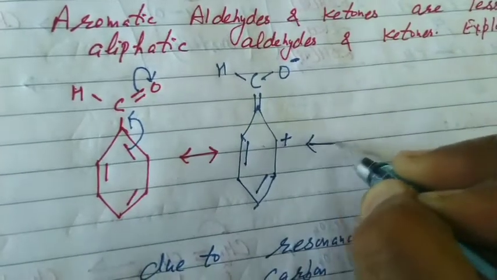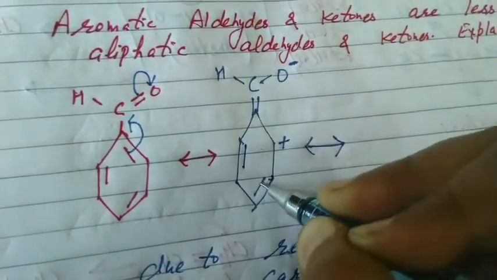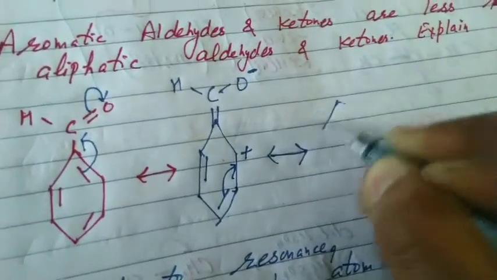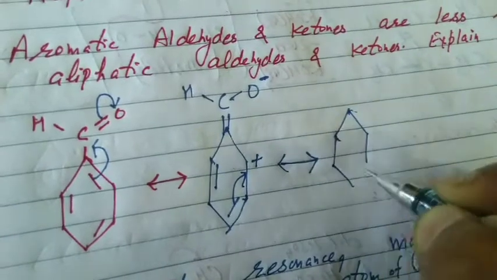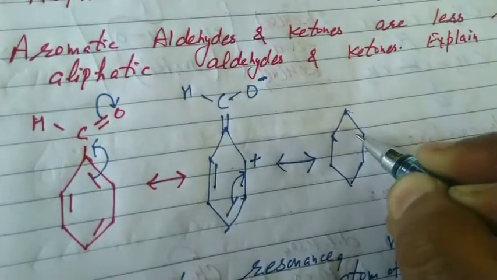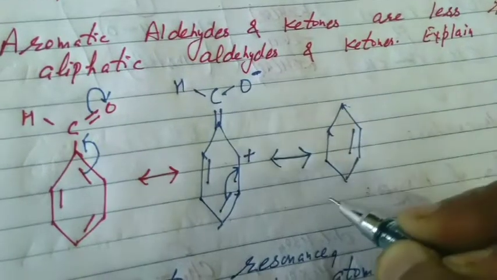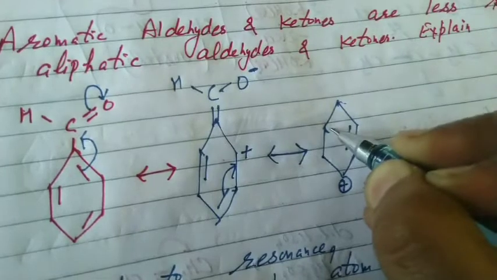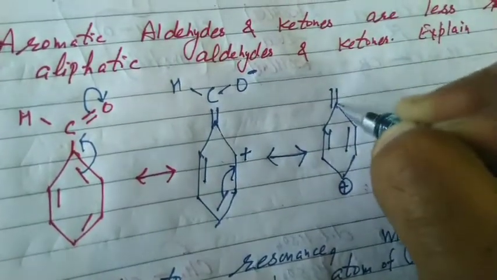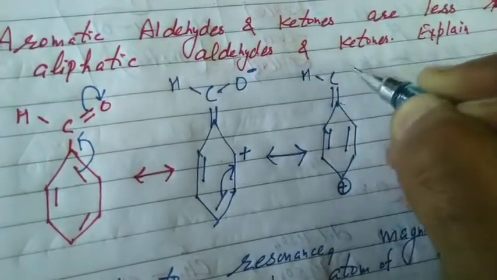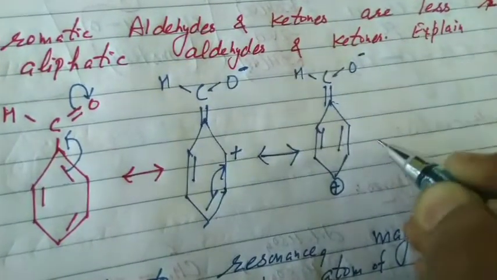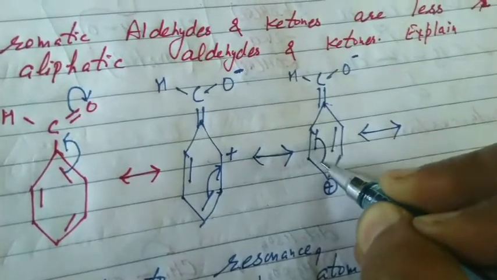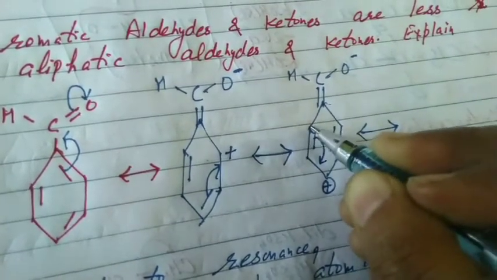After this, students, the third structure. These pi electrons migrate to this position. The third resonating structure: only this change happens, migrates to this position, that is bond formation, and this bond breaks. These two bonds remain as such. Double bond exocyclic, CHO negative. After this, the fourth structure: bond formation, pi electrons move to this and this bond breaks, electron density at this position decreases.